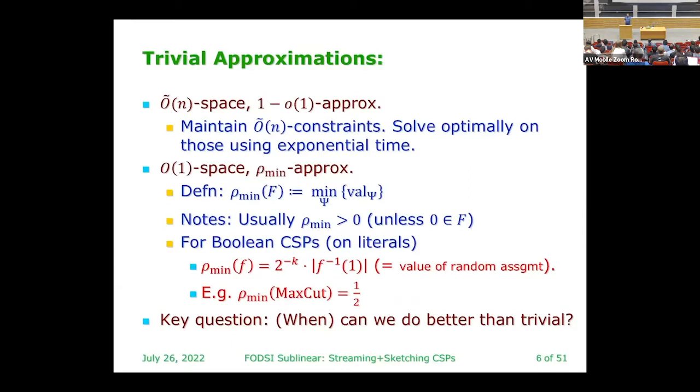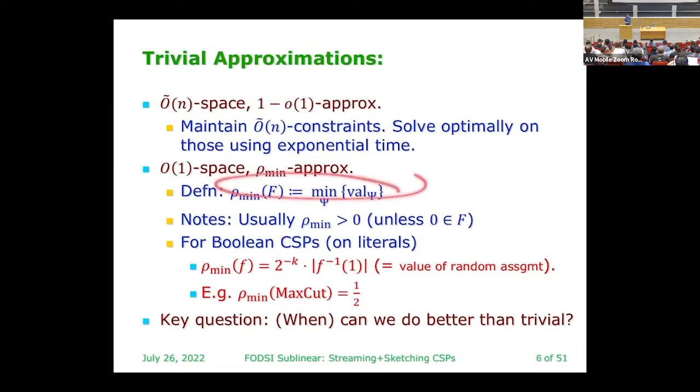This is actually a better approximation than the random one because our constraints are not closed under negations and literals. So there may be constraints which are always satisfied by assigning every variable to 1. Before I even look at the set of constraints you're giving me, I can tell you the value of the instance is 1, because I could assign all variables, however many of those there are, to the value 1, and it will satisfy all the constraints.